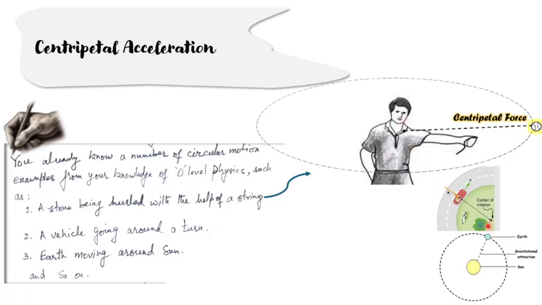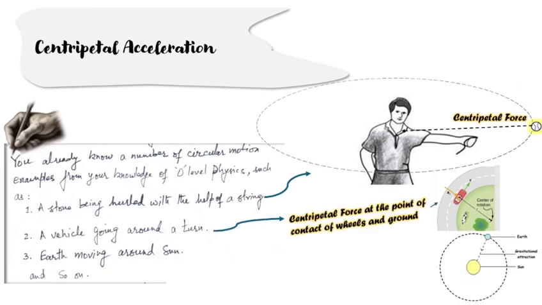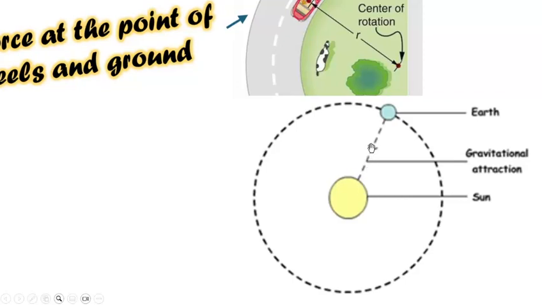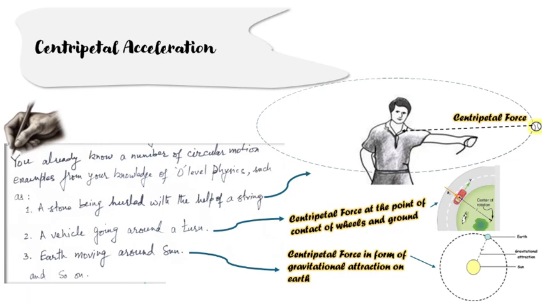Vehicle going around a turn, centripetal force is being provided at the point of contact of the wheels and ground. That is also directed towards the center of the circle. Earth moving around Sun, centripetal force is provided in the form of gravitational attraction of the Sun on Earth.